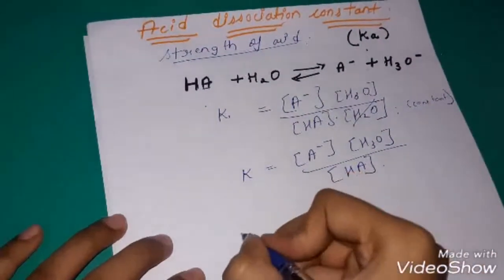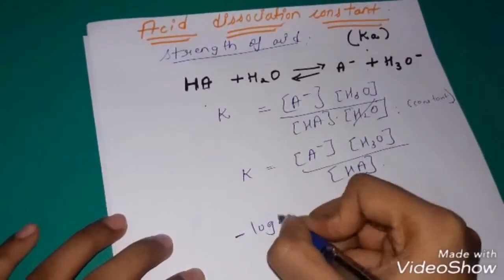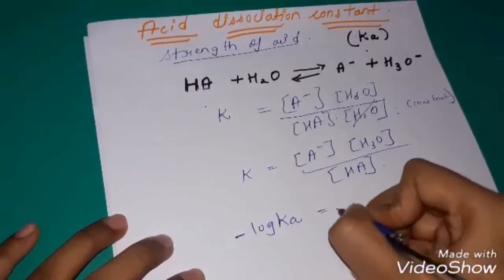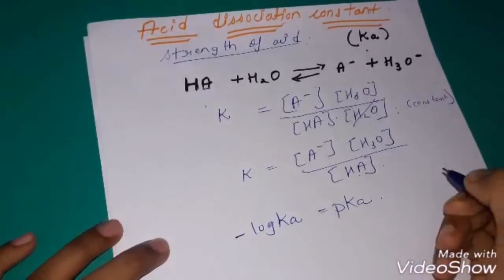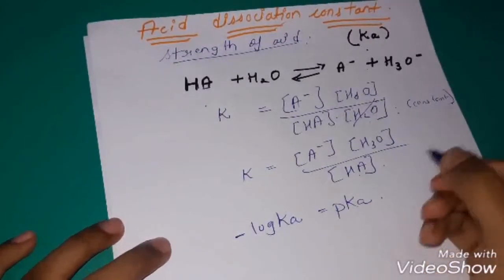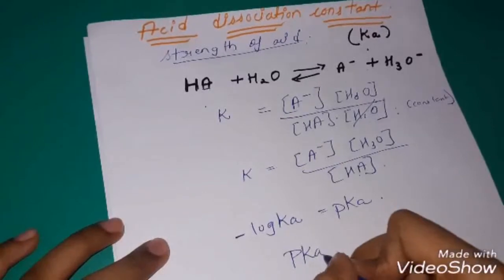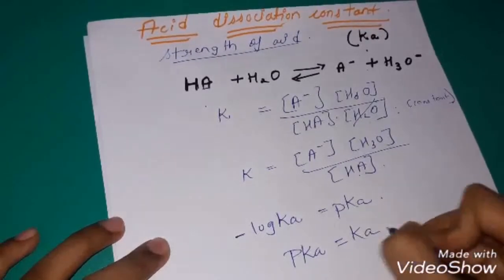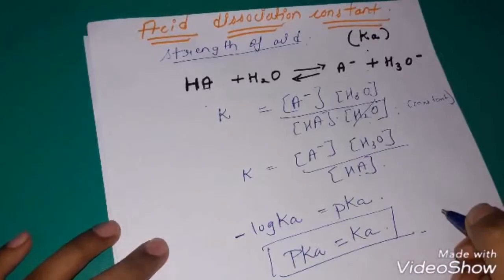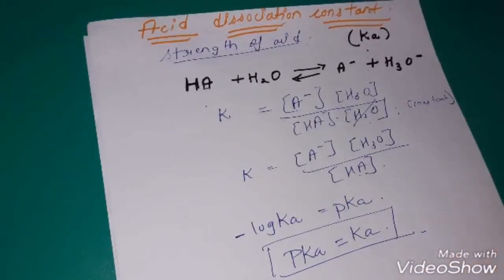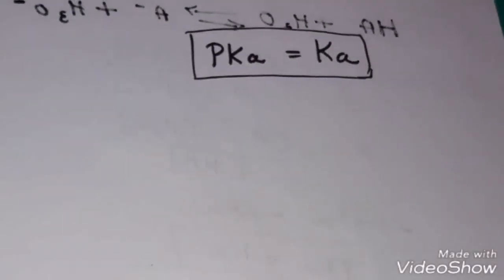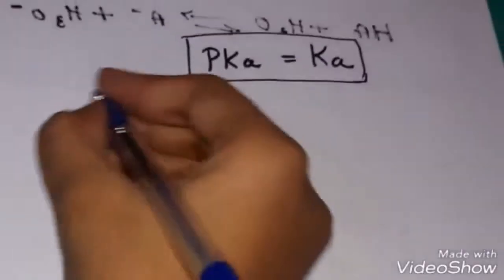So basically we can write this equation as minus log of Ka is equal to pKa. Okay, this we saw in our last equation. So what is basically pK? pK is used to express the relative strength of both acid and base.